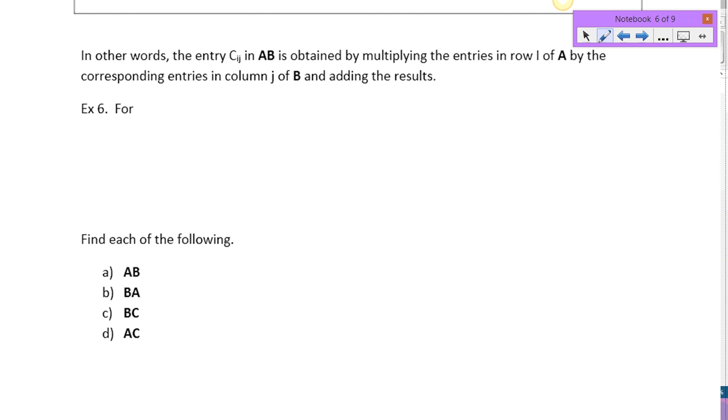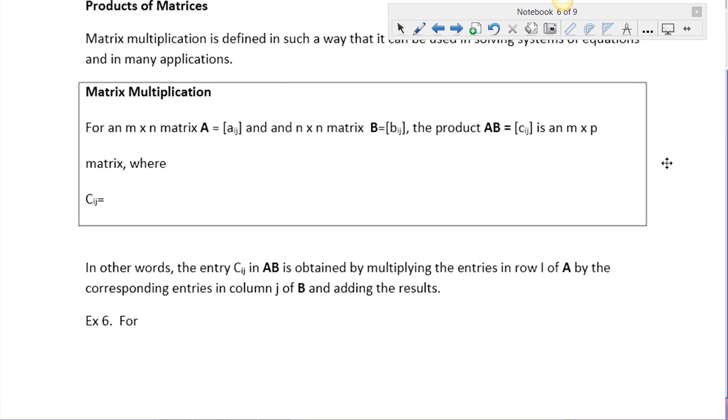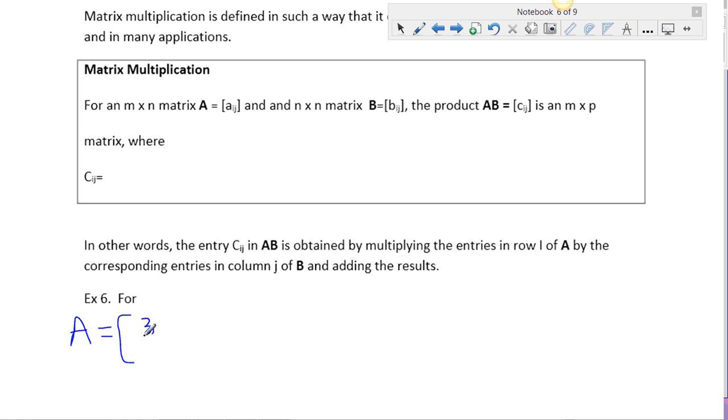All right, so what we need to do is first know what our matrices are. For my matrix here, we have matrix A, which is 3, 2, 1, 0, negative 1, 3.